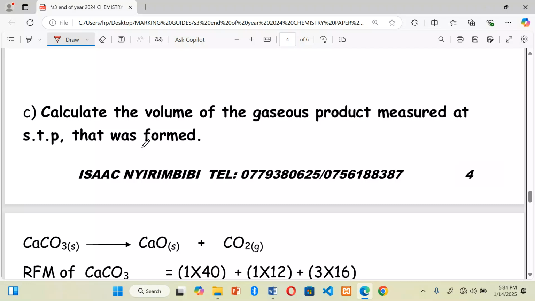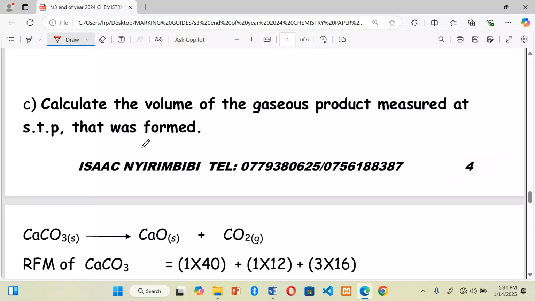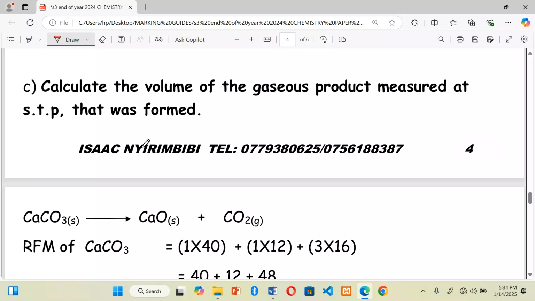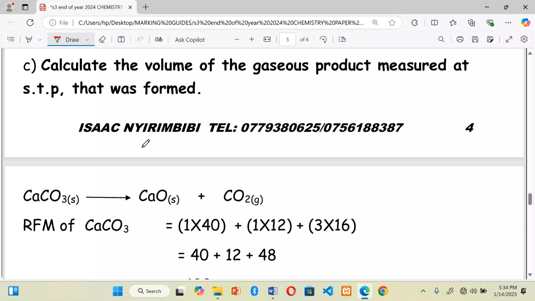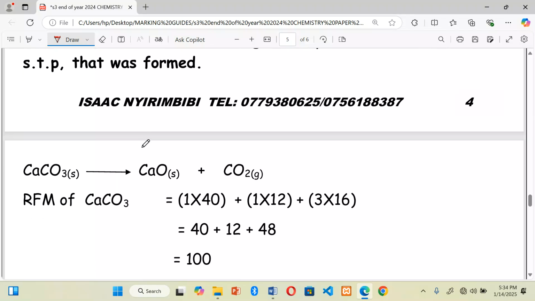They also gave us the molar masses of each of these elements. Another thing they gave us is what 1 mole of a gas occupies at STP. All that information given to us, we are going to use it here.